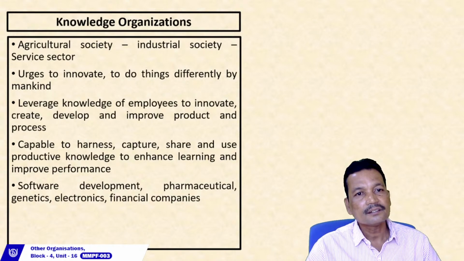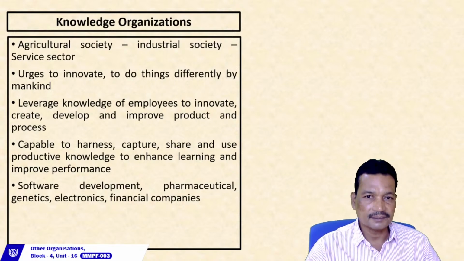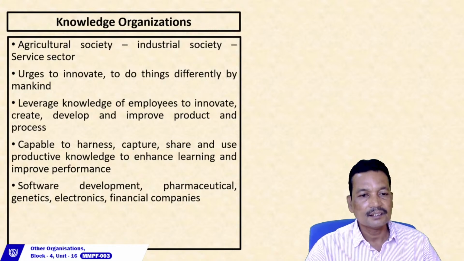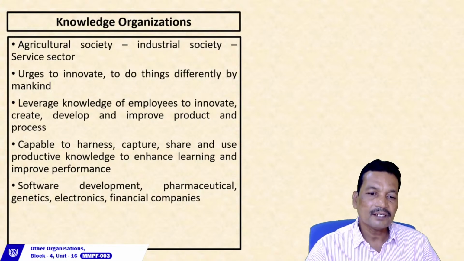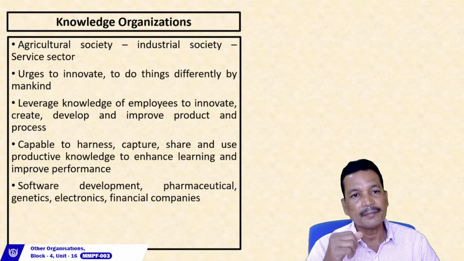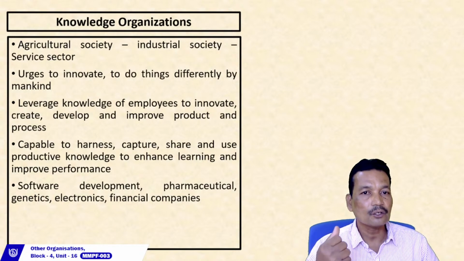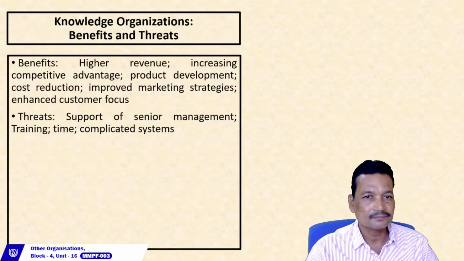Now, finally, the knowledge organizations, which are prevalent in society nowadays. We can say, suppose Infosys, Dr. Reddy's working in genetics, LG working in electronics, the Tata Finance, like financial companies, are examples of knowledge organizations whose main activity is to generate revenue out of the knowledge skills of the employees.